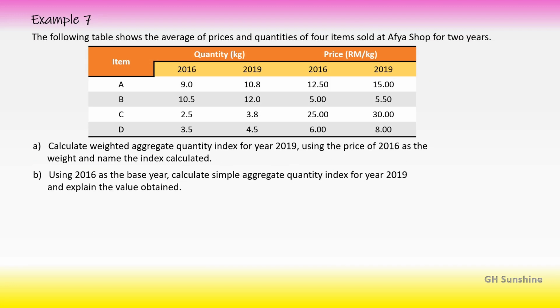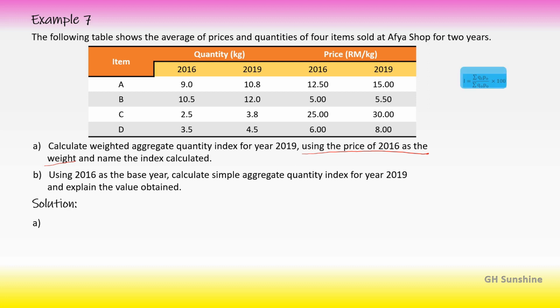Okay, so we still focus on Afia shop, but this one, calculate weighted aggregate quantity index for year 2019 using the price of 2016 as the weight. So based on the question, you recall weighted aggregate index: Paasche, Laspeyres, which one? The keyword here is using the price of 2016 as the weight.